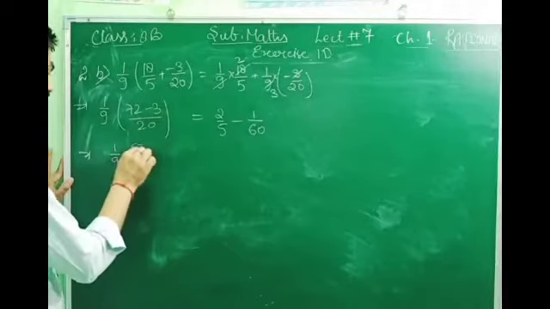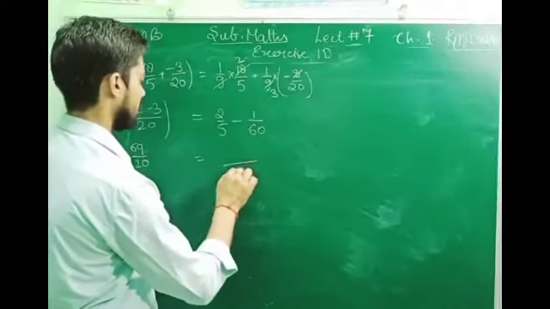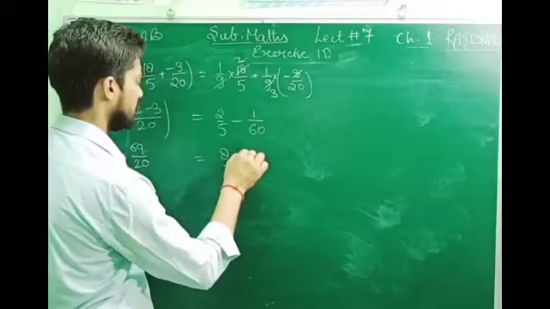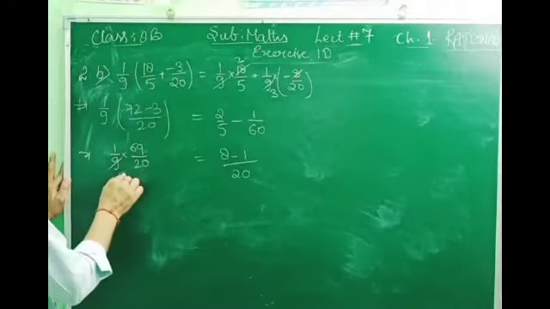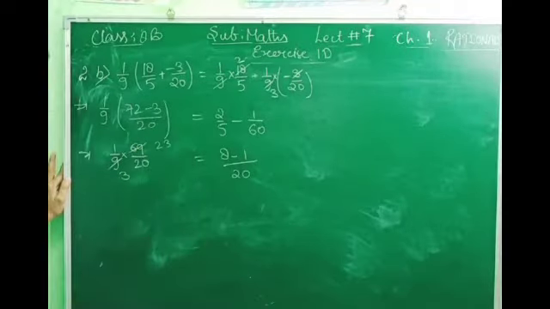Now here 69 upon 20, here the LCM is 20, 8 minus 1 upon 20. Here 3 3s are 9. Correct.